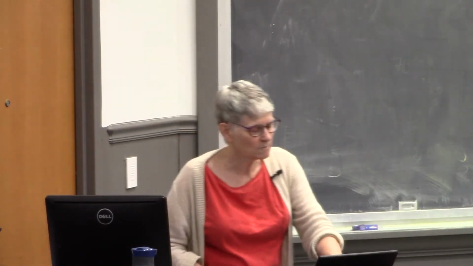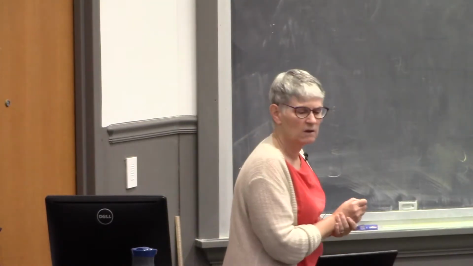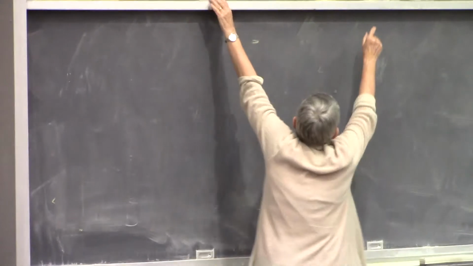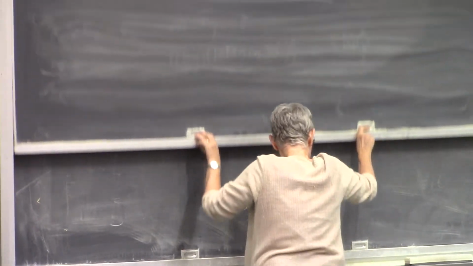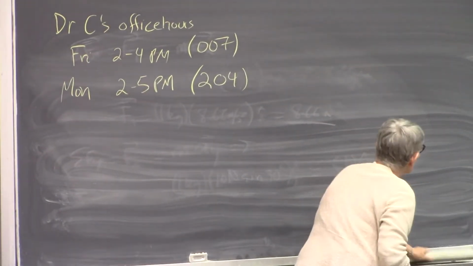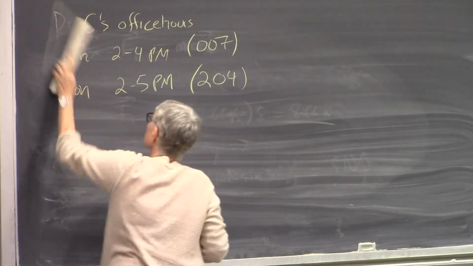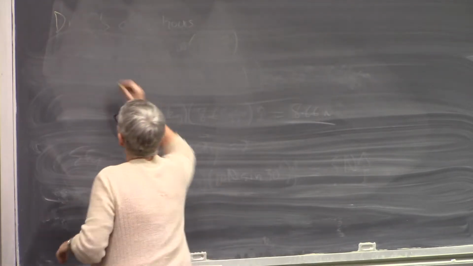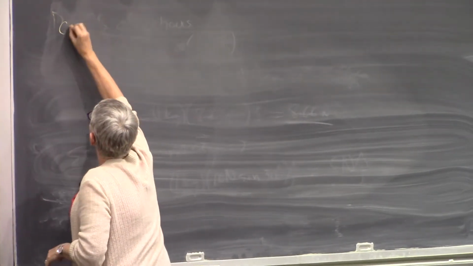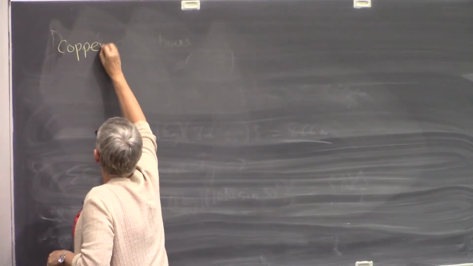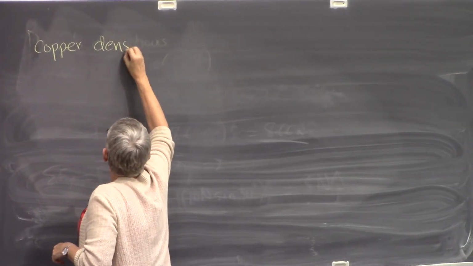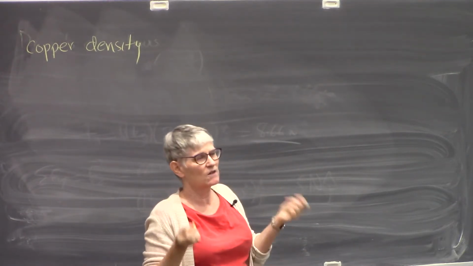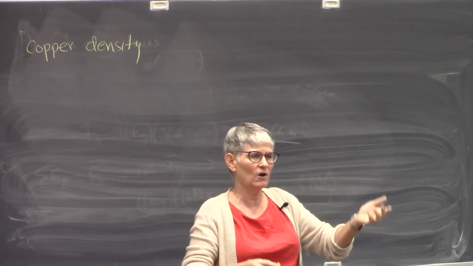Okay. So we now have a lot of numbers. The density of copper, and this is a thing called mass density, so it comes in mass per unit volume.